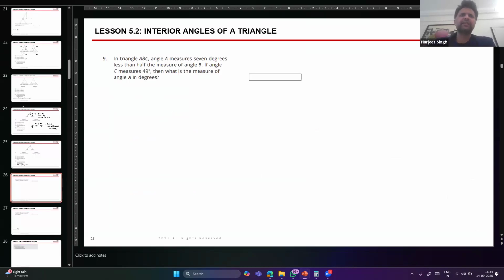Another question. In triangle ABC, so let's draw this. Angle A measures 7 degrees less than half the measure of B. So can I write A as B by 2 minus 7?